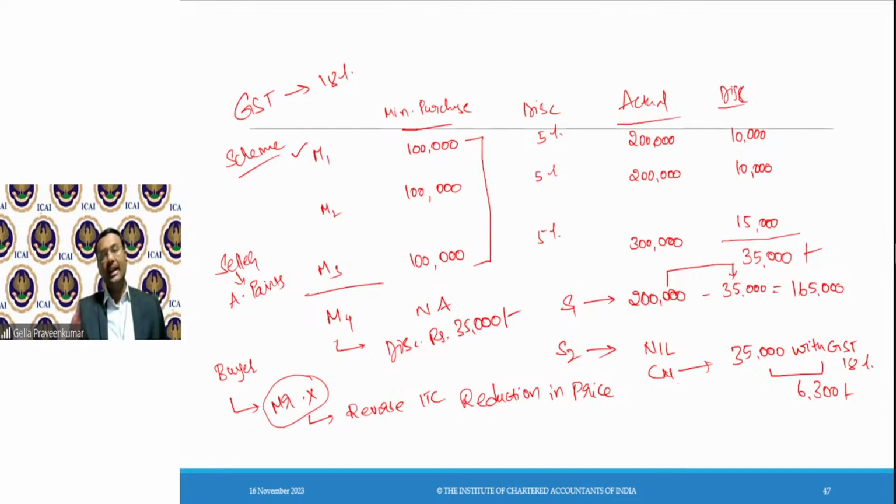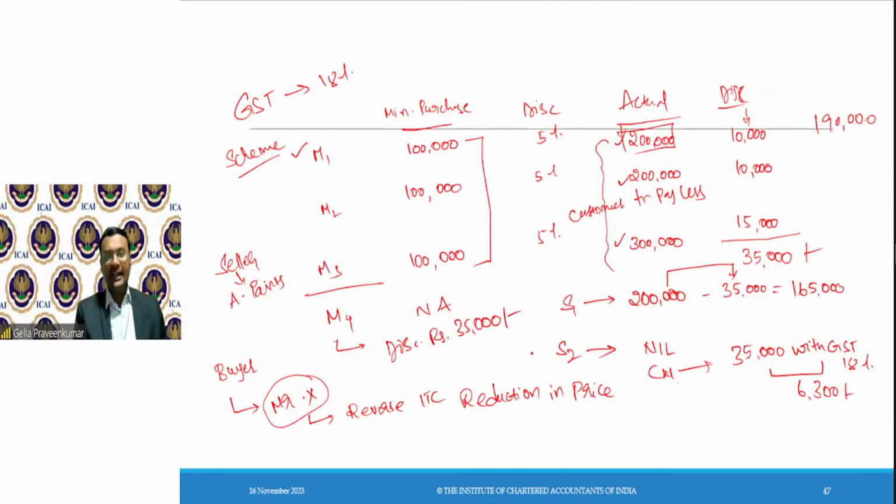The answer would be, it is a reduction for month 1, month 2, month 3. Whatever the purchases in those months, this entitled the customer to pay less. The customer is supposed to pay only rupees 1,90,000. But what happened? Initially, the seller collected 2 lakhs. Later, by virtue of a discount, a credit note was given for rupees 35,000.